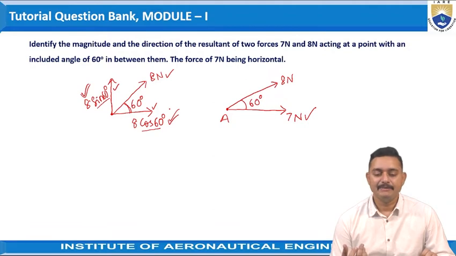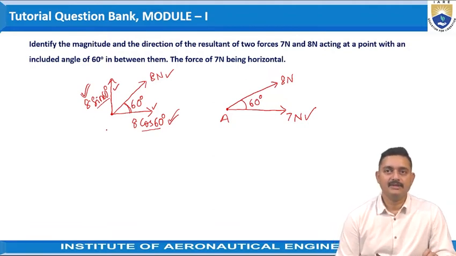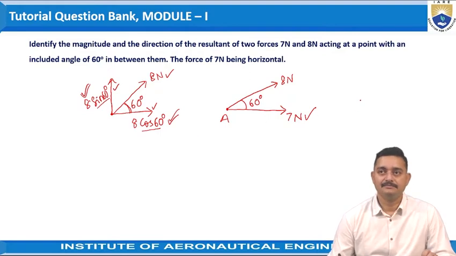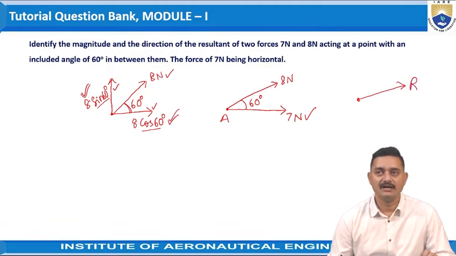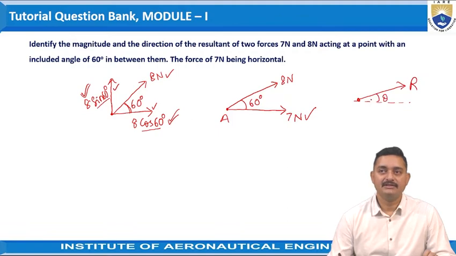Now we can directly apply the resultant formula. Let us say the resultant of these two forces is R, acting at an inclination of theta to the horizontal, and these are the mutually perpendicular components of the resultant R.